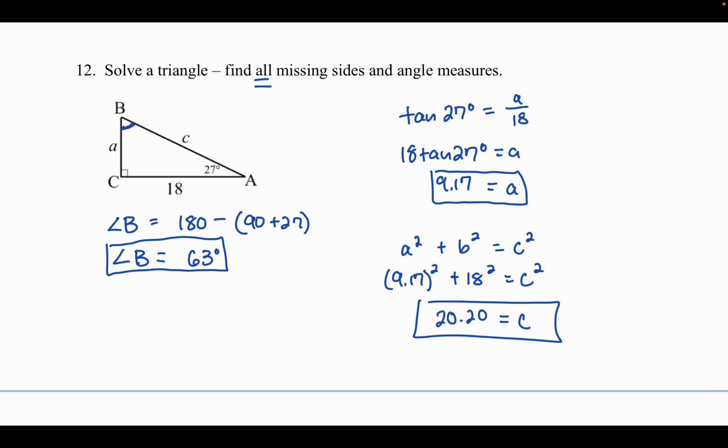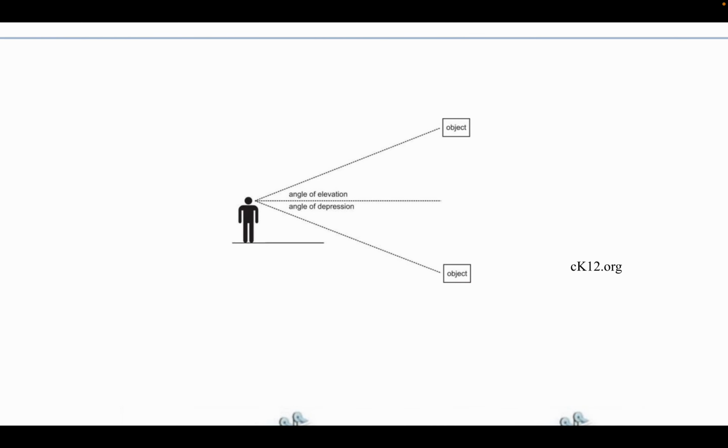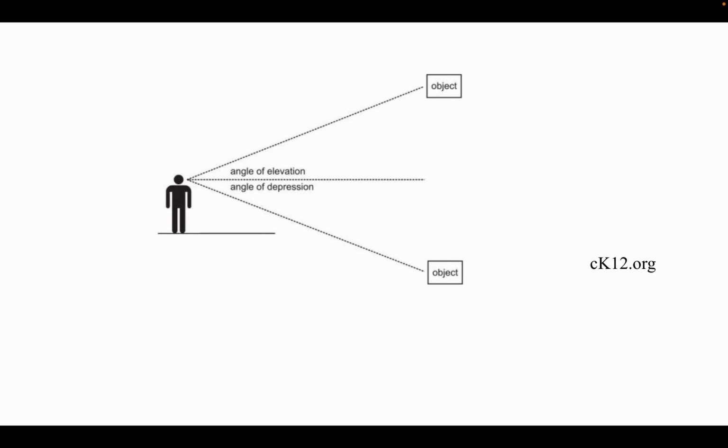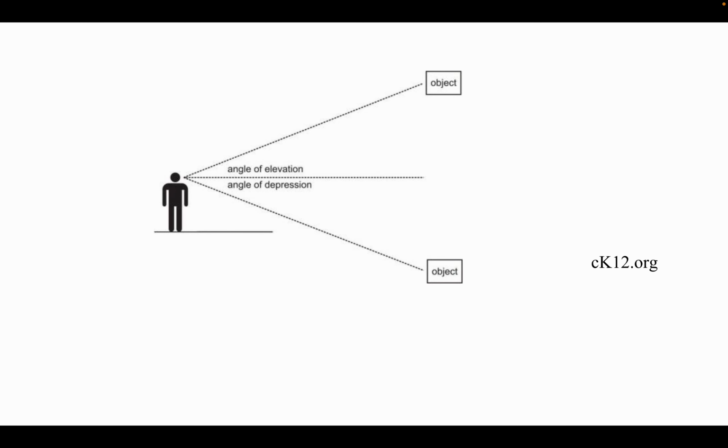Okay, so the next problems, we're going to talk about how we can use right triangle trigonometry in real-world problems. When we talk about real-world problems, we use the terms angle of elevation and angle of depression. This is all about line of sight, and if you have to look up at something or look down at something.